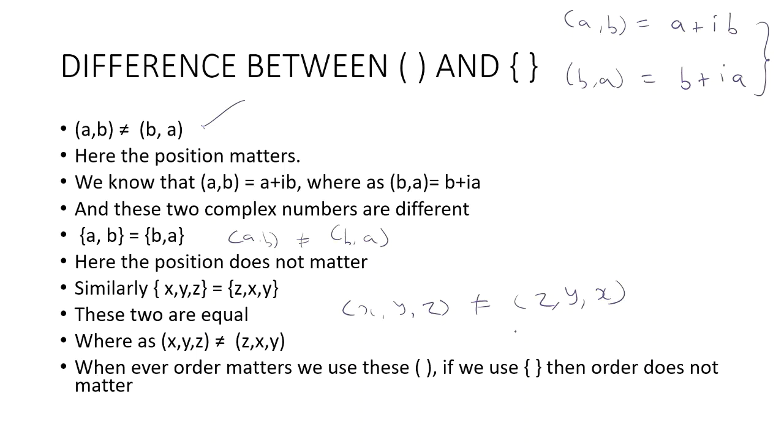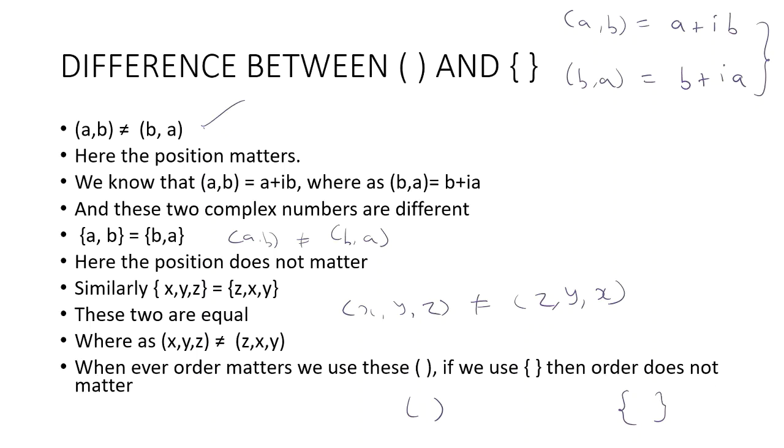Whenever order matters, we are going to use these brackets, and whenever order does not matter, we are going to use these braces. Likewise, whenever order matters, it is going to be a problem in permutation. Whenever order does not matter, it is going to be a problem in combination.